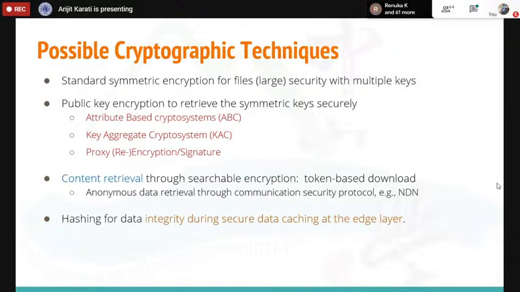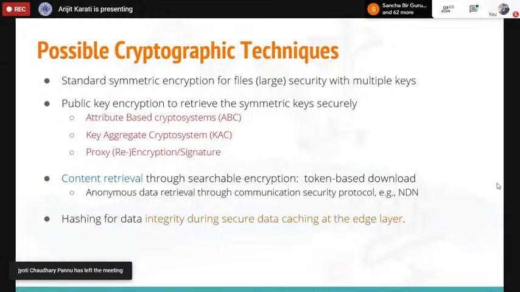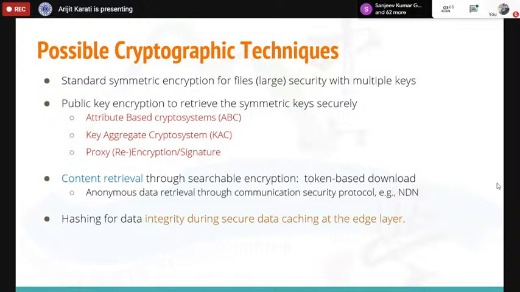Also, content retrieval is our main motivation: how to ensure that we can retrieve encrypted data. For that, you can perform searchable encryption, which is token-based. And to store the data securely or authentically, you can use the hashing technique.